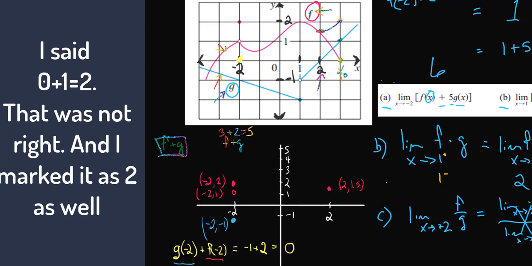Once again, as another example, when x equals negative 2, the height of the blue one is negative 1. So that's the g. So g of negative 2 is equal to negative 1. And the height of the red one is way up here, actually, which is 2. I also wrote it here.